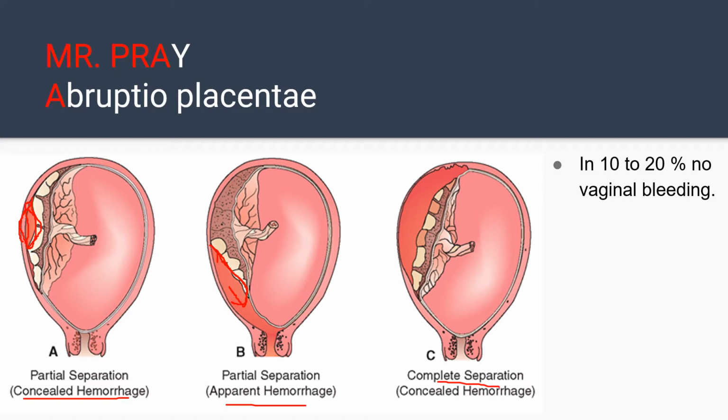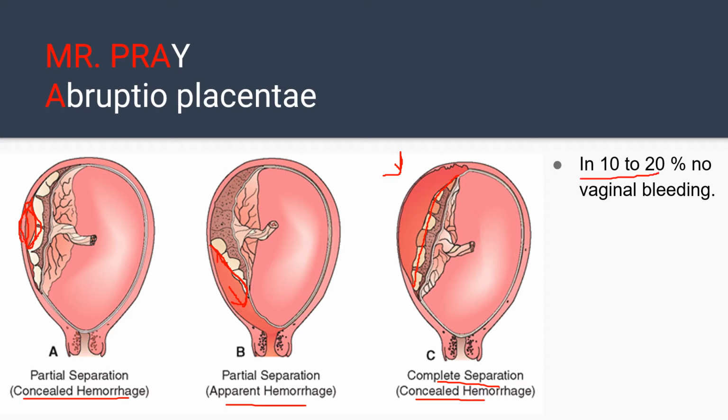And a complete separation, where the placenta is not working at all, can have no bleeding, and so this is a concealed hemorrhage again. In these situations the fetus of course can die, and the mother can have only pain and no bleeding, so we need to have a suspicion of this.